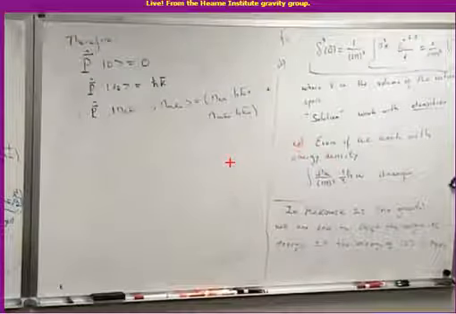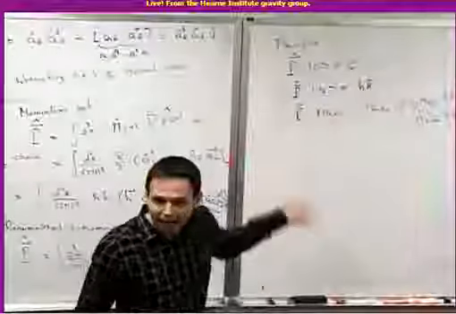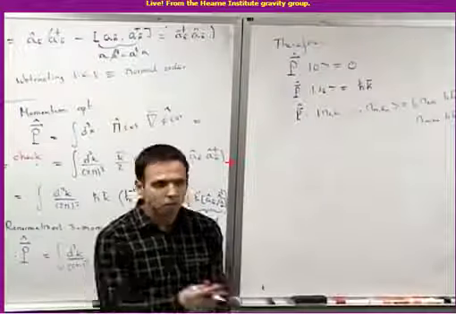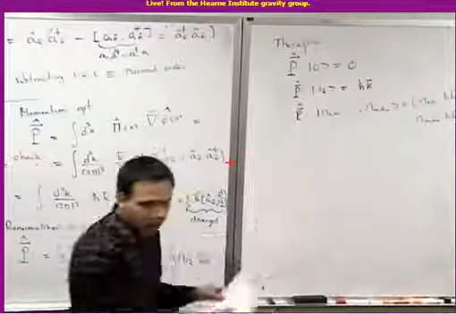Okay, so now we have our energy operator, our momentum operator, and we know how those two operators act on our Hilbert space. So you may wonder why I am going over all this.